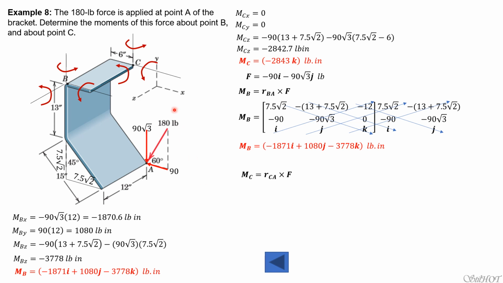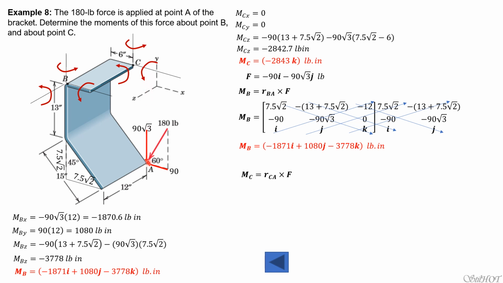Now, RCA as a vector, remember that C and A lie on the same plane, and A is right of C. So the net distance, you have to move to the right by 7.5 square root of 2 minus 6 along the x-axis, then go down.